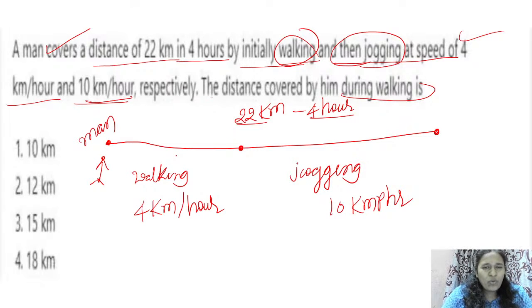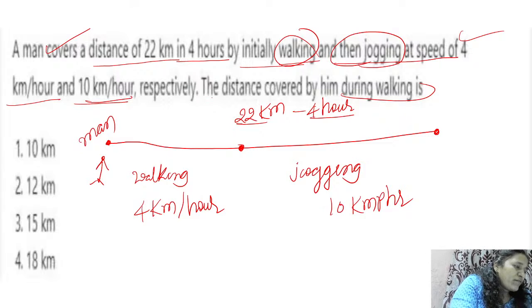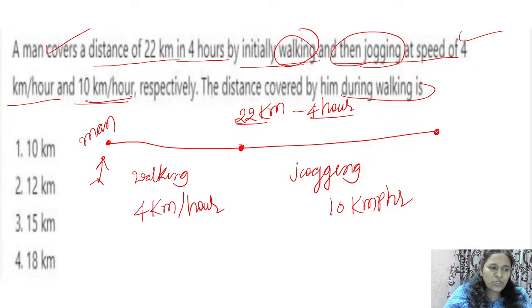How can we know here? Can you tell me? We have to equate the ratios here. Yes, we have to convert these equations into time, because here we have to take one distance as x.